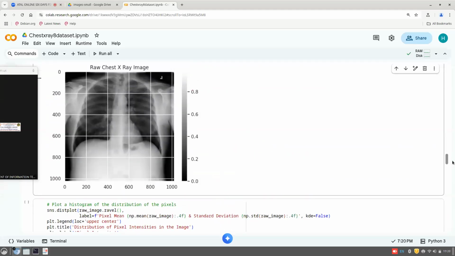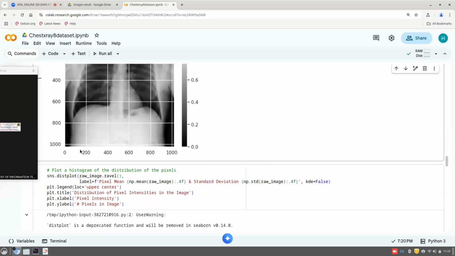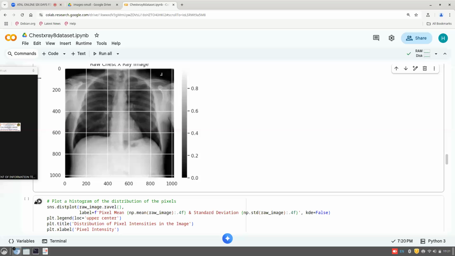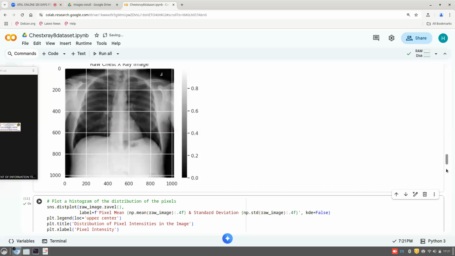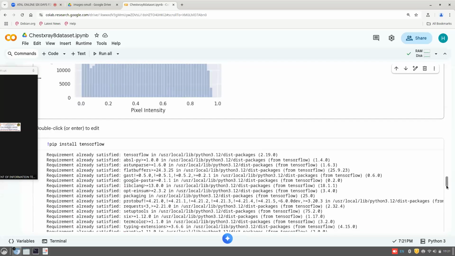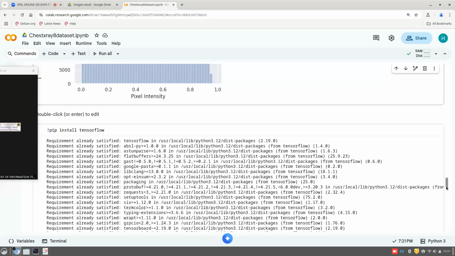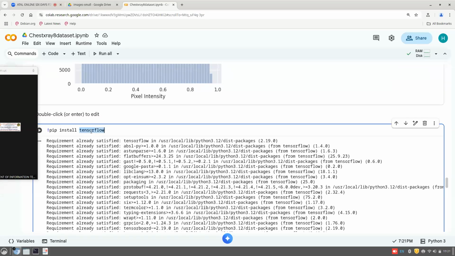Each image here is 1024 by 1024 pixels. So the matrix size is 1024 by 1024, not 8 by 8 originally, for the NIH data set. In order to program a machine learning algorithm, generally we use libraries like TensorFlow or PyTorch.